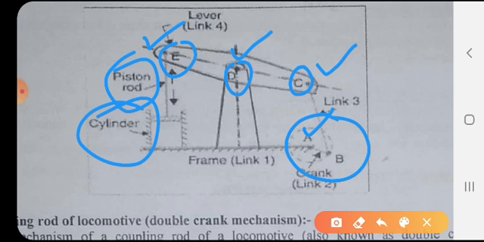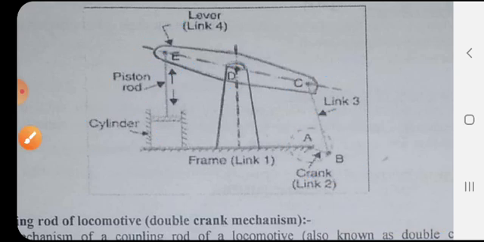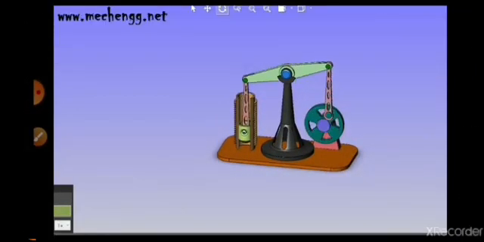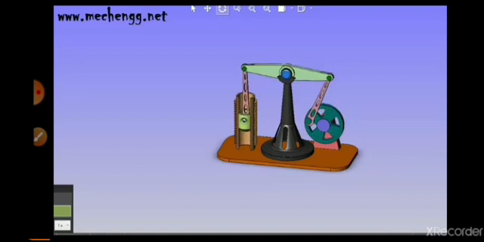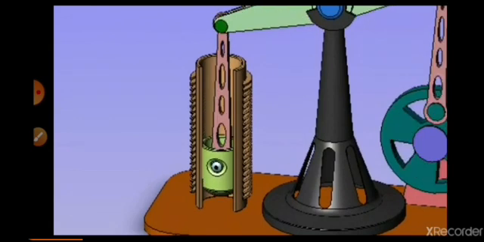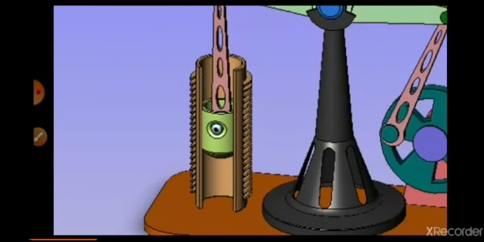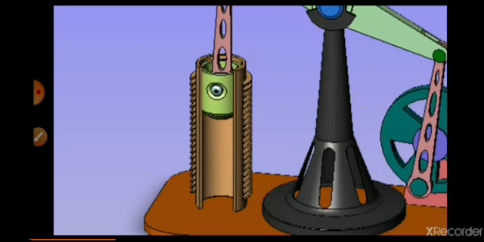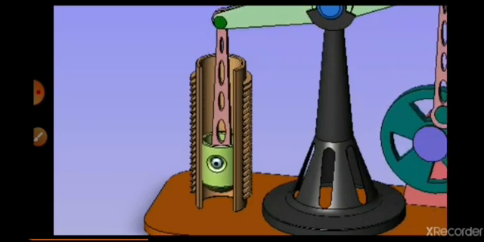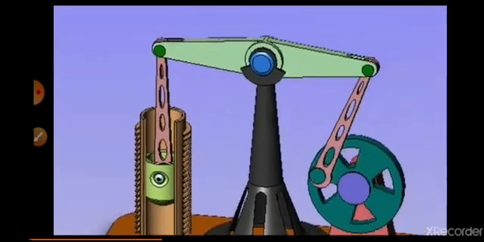Here I would like to show some simple animations of the beam engine. You can observe the animation video of the beam engine. It is a cut portion of the piston cylinder arrangement where the piston reciprocates inside the engine cylinder. This piston rod is connected to the lever, right?